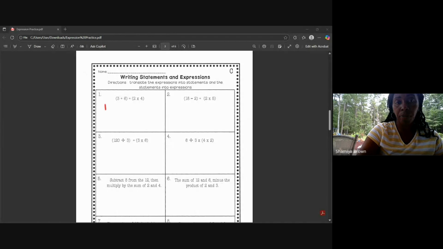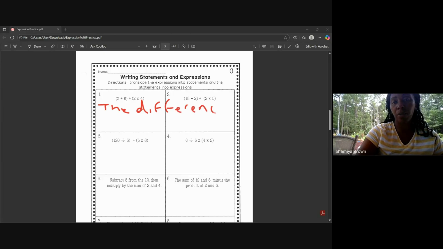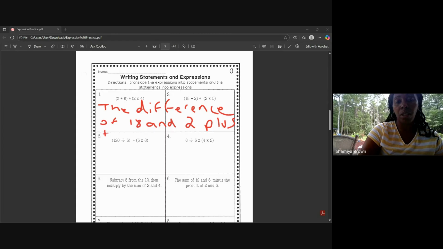So I'm going to say the difference of 18 and 2, plus, or I could say add it if I wanted to, plus the product of 2 and 5.